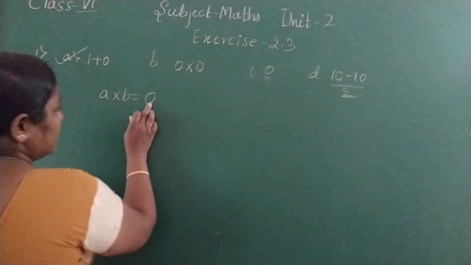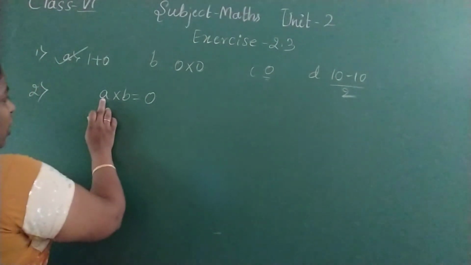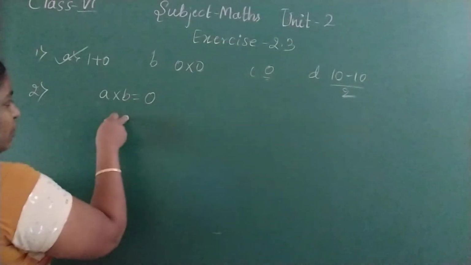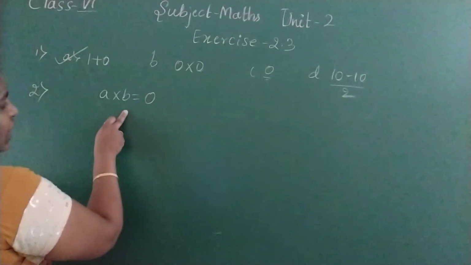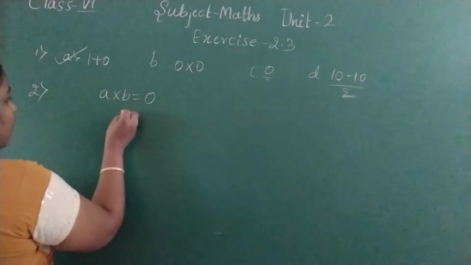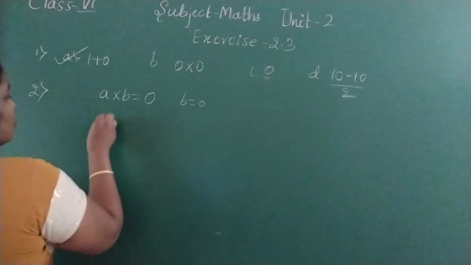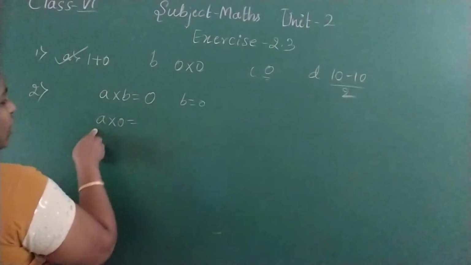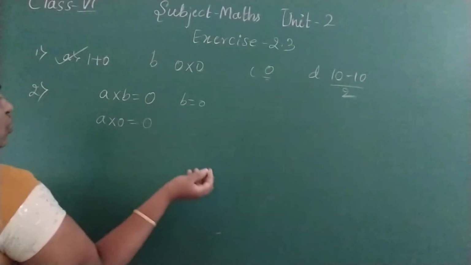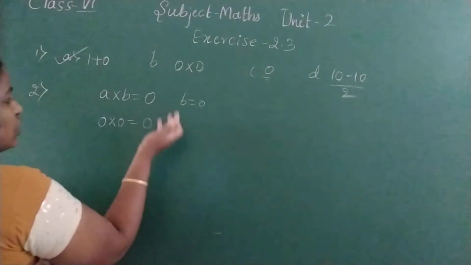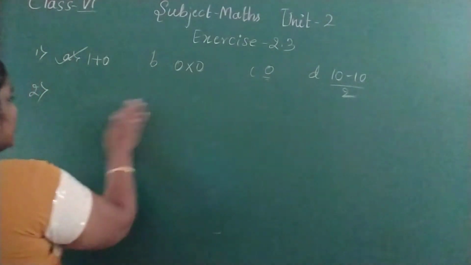So if the product is 0, among A and B, any one will be 0 or both will be 0, they are asking. If I take B equal to 0, then A into 0, any number into 0, the answer is 0 only. If both are 0, the answer is 0. So it is yes.